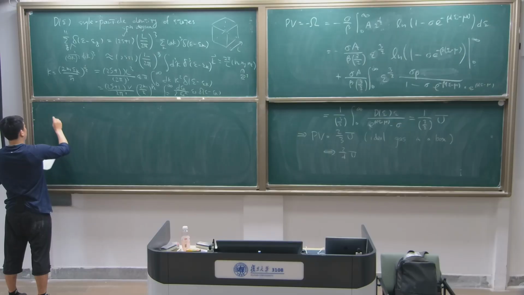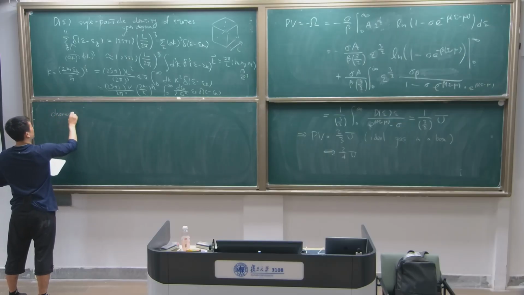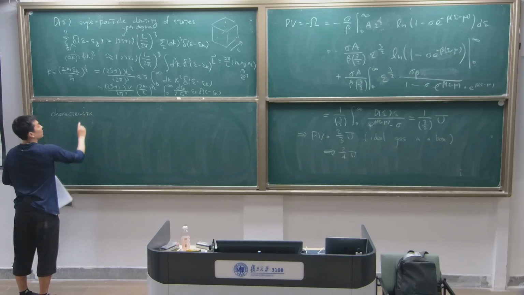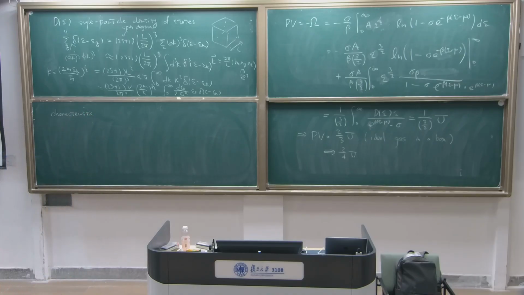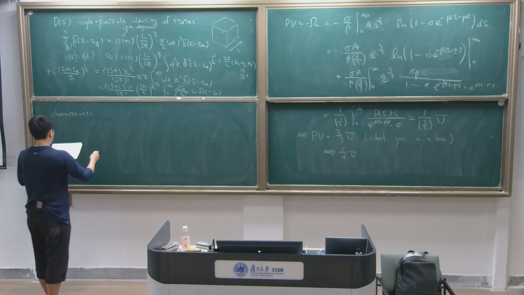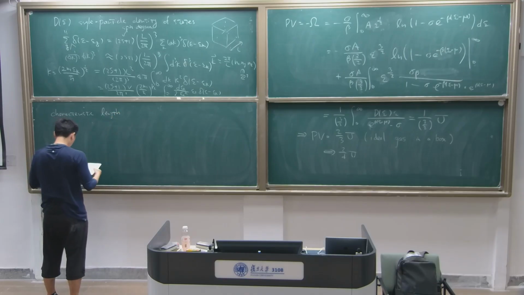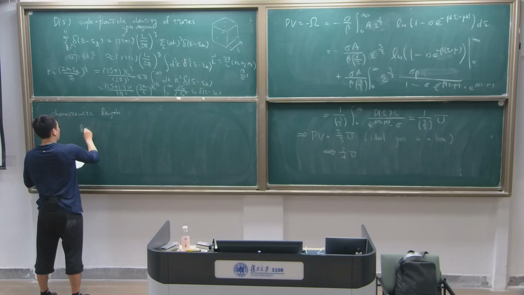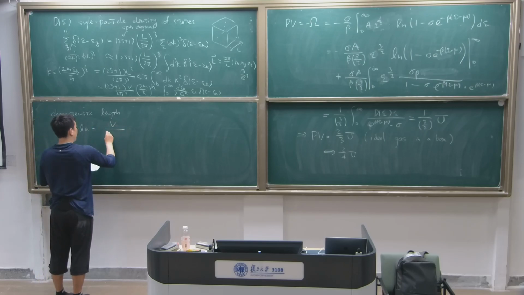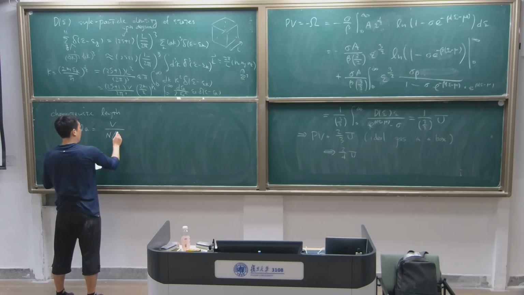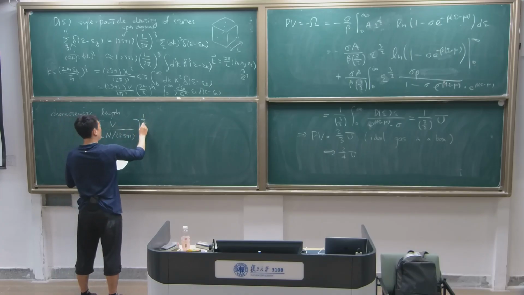To normalize it, we have to introduce something called the characteristic scales. As you can easily see, the vertical axis is appropriately normalized here. The characteristic length for each ideal gas: L_Q is equal to the volume divided by N, then divided by the degeneracy of spin, to the one third.